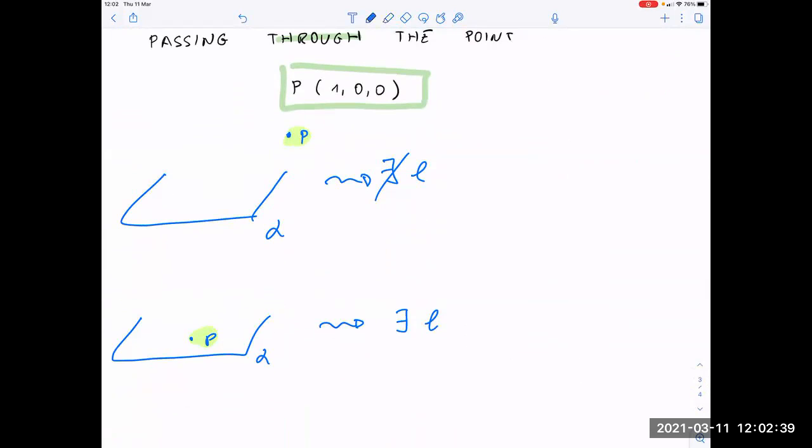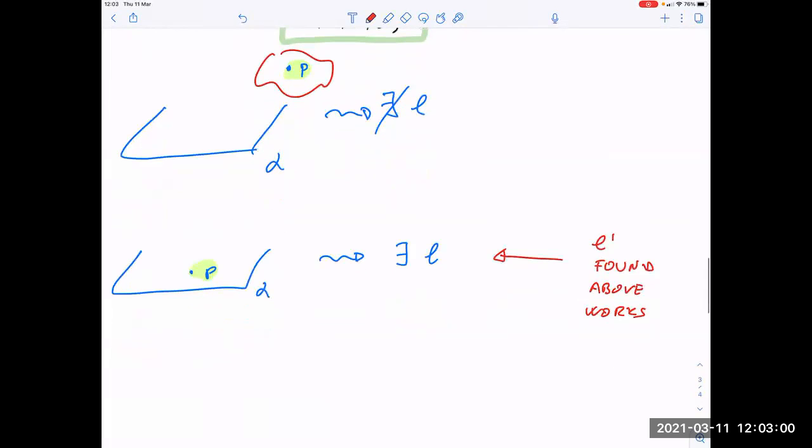The fact is that we are in this situation and L prime found above works. You cannot find the line if the point is outside the plane, okay?